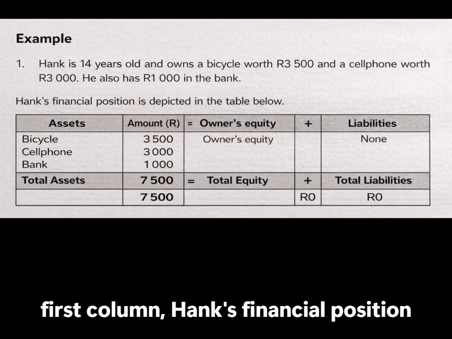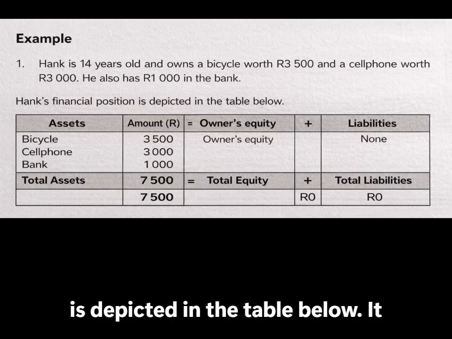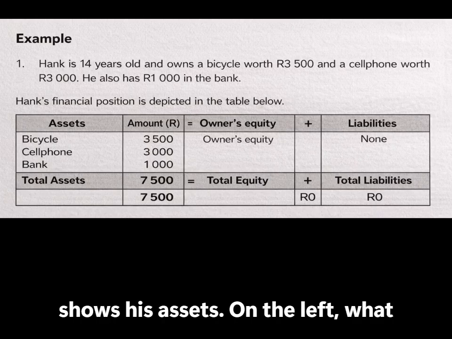Tips. Accounting equation: assets equals owner's equity plus liabilities. There must always be a balance between assets, liabilities, and owner's equity. Look at the following examples and the explanations to understand better. The first column. Hank's financial position is depicted in the table below.